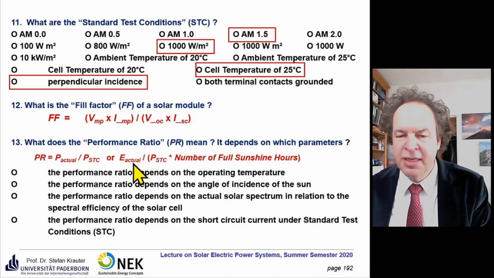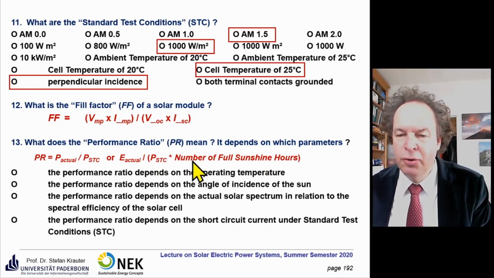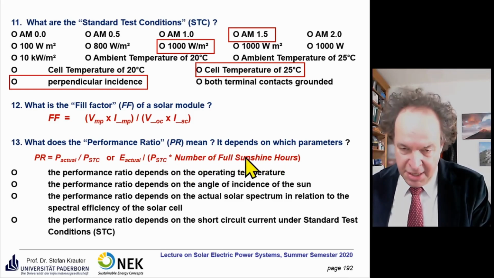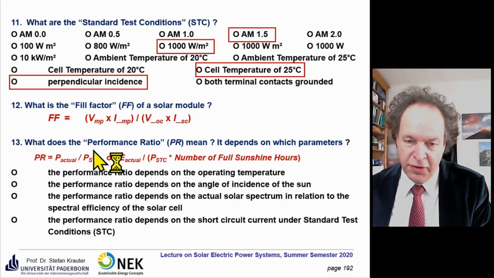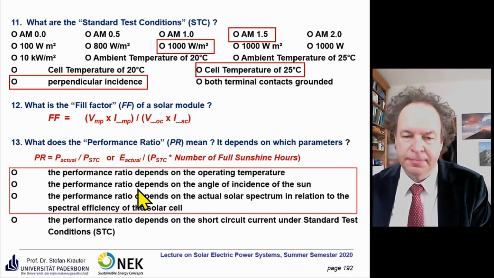We have the actual irradiance level divided by the irradiance under standard test conditions, and you find this number of full load hours or full sunshine hours, which can also be used, but we stick to the first part. As we calculated, it depends on the operating temperature.